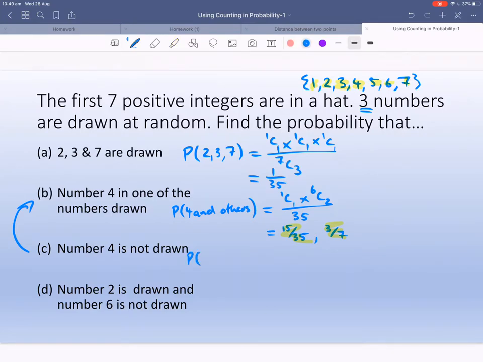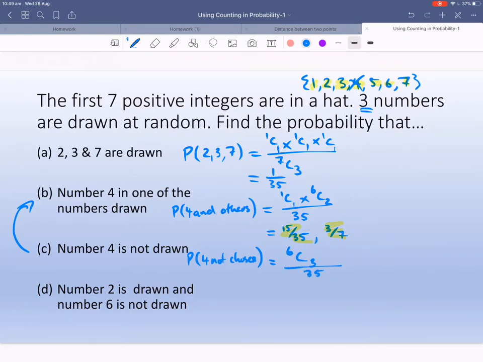So let's go probability 4 not chosen. The probability of 4 not chosen is that we have to take 4 out of there. So how many numbers do we have? 6. So we're going to have 6 and we're going to choose 3, and it's going to be over 35.